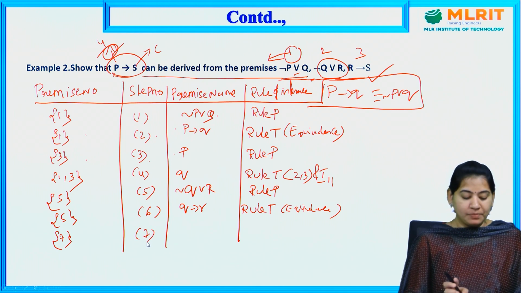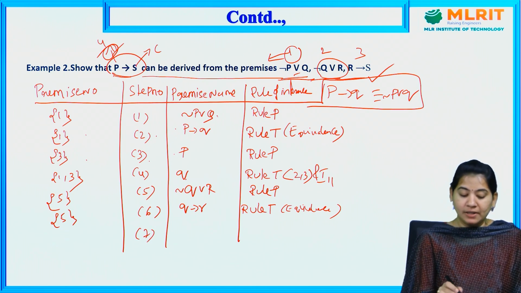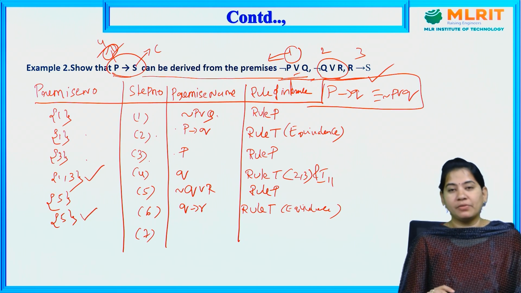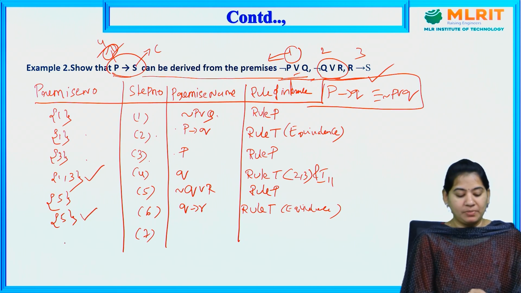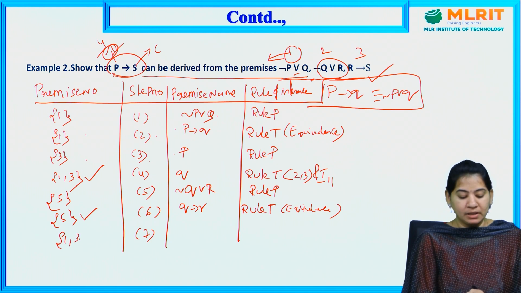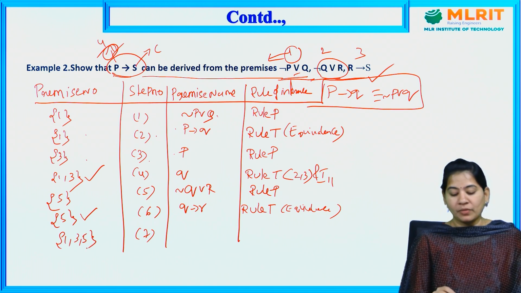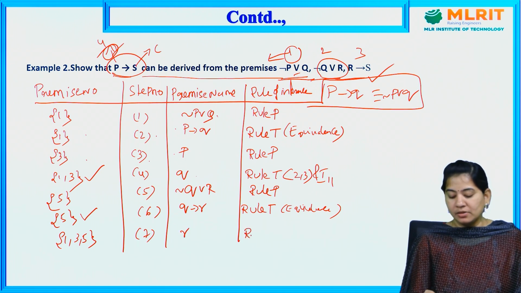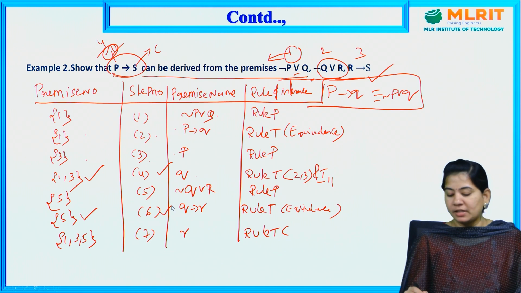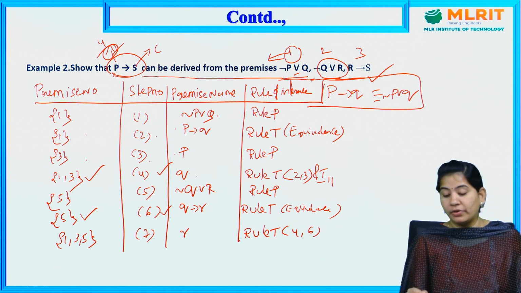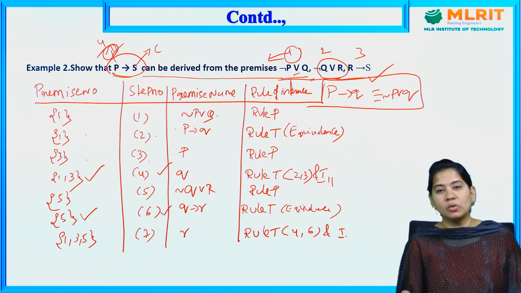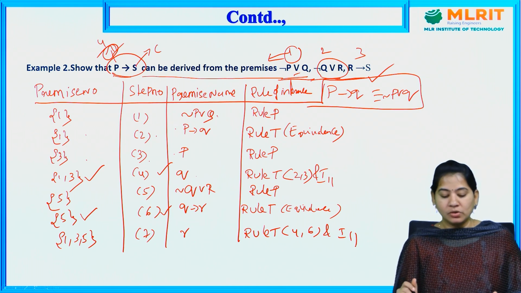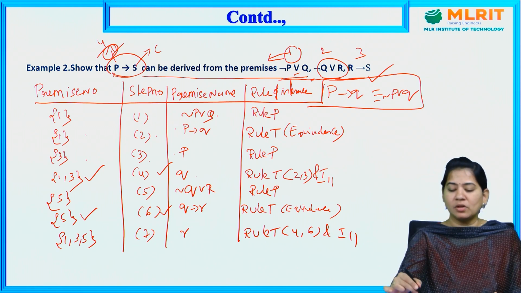Now if we observe, as we are using premises number 1, 3 and premises number 5, the same thing you can give the premises here. For example 1, 3, 5 here, and here negation Q comma Q implies R is R, and this is called rule T, and the step numbers we have used is 4 and 6 here. Then we have to go for 4 comma 6 and also I11 formula. So Q comma, and this is also done here.